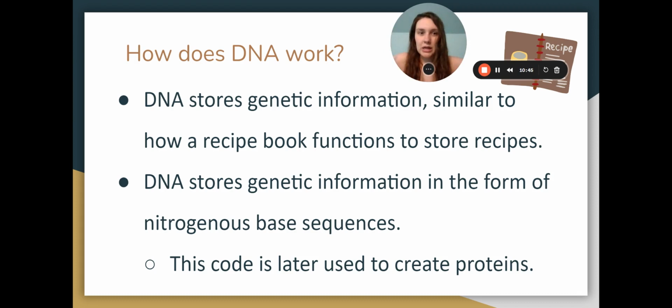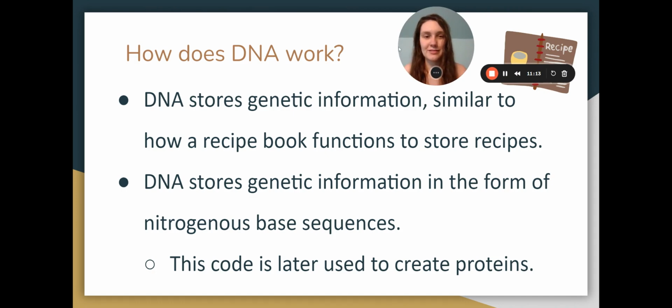That's like the brain or the commander of the cell. So it has to have the instructions there in order to tell everyone else what to do, right? So we have our instructions in the form of DNA in that nucleus. And again, DNA is storing those instructions in a code of nitrogenous bases.